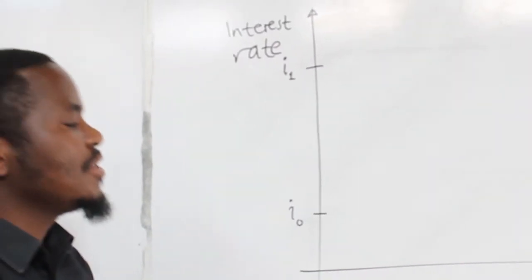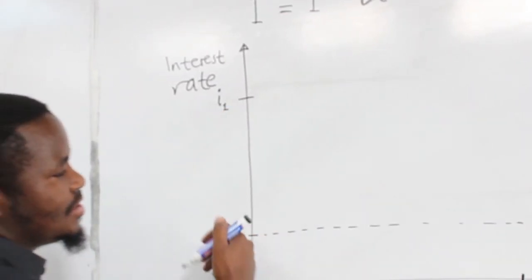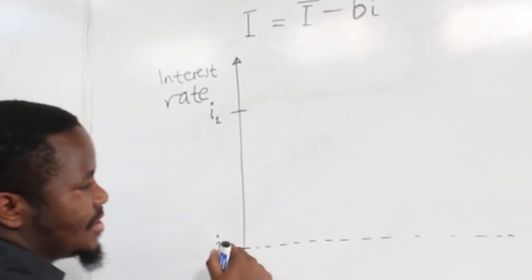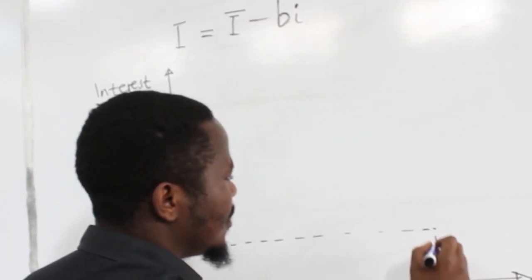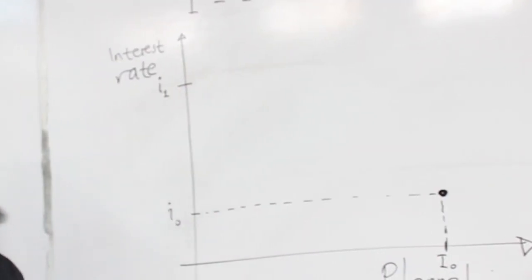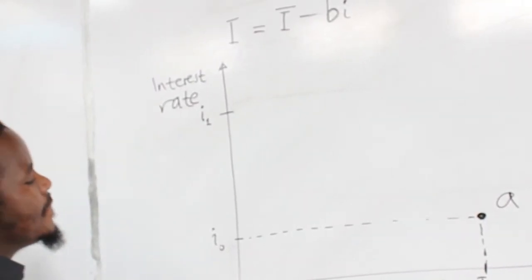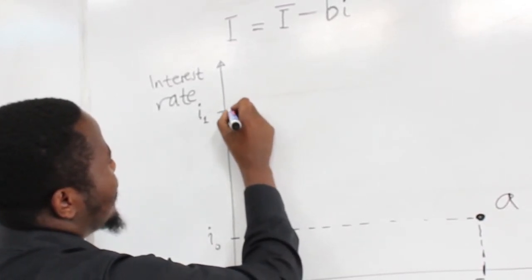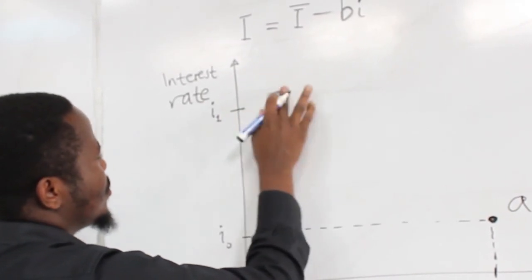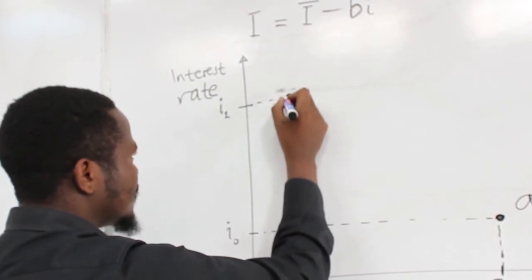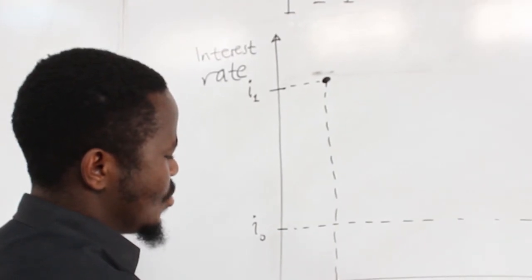So the lower level of interest rates of the two, the I0, would correspond to a higher level of planned investments, like point A. And for the same reason, the higher level of interest rates, such as I1, would correspond to a lower level of planned investment, such as I1.